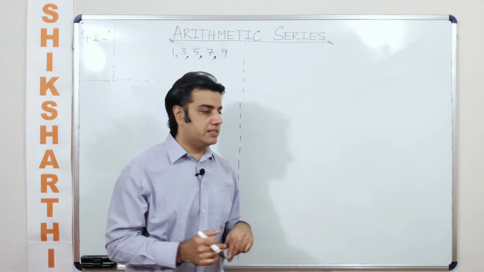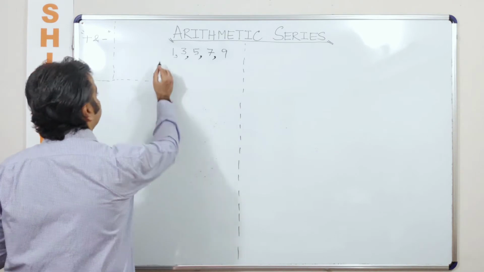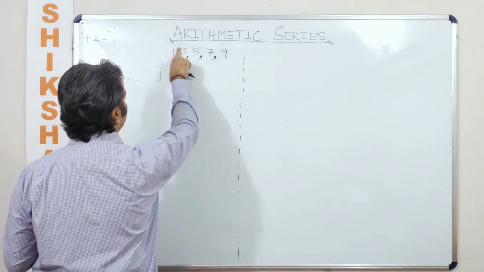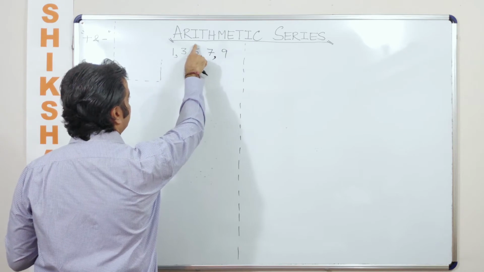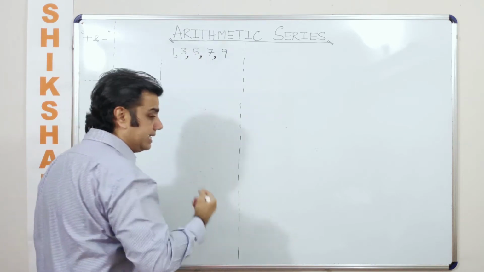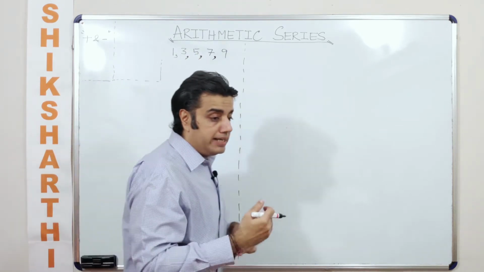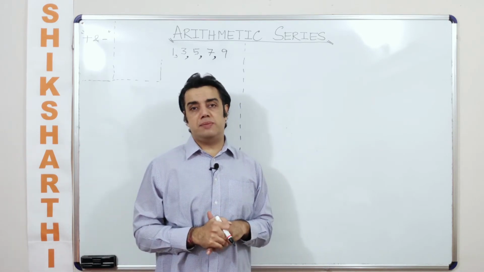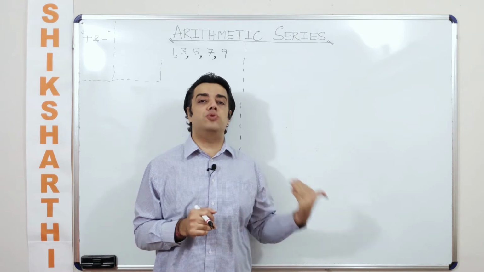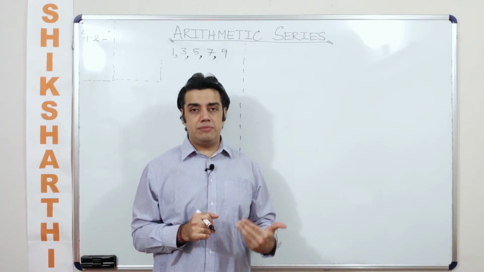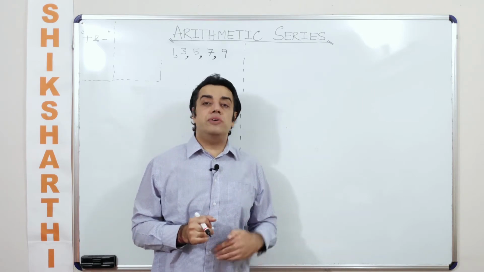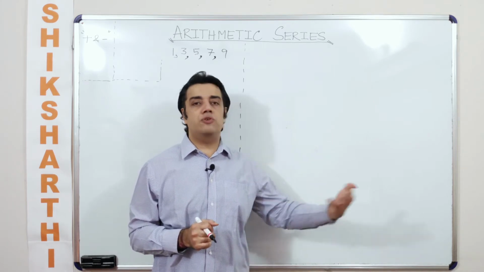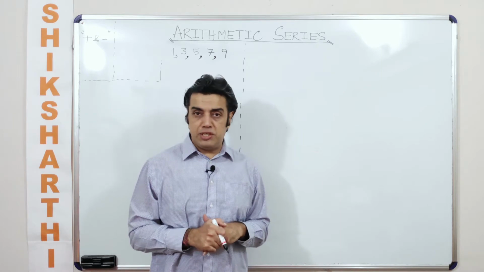What I mean is, here I have 1 plus 2 is equal to 3, then 3 plus 2 is equal to 5. So the connect here is that you are adding 2 to each term to get the subsequent term. When you add 2 to the first term, you get the second term. When you add 2 to the second term, you get the third term. When you add 2 to the third term, you get the fourth term.